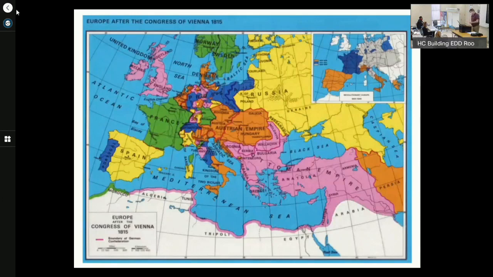So, the Concert of Europe is an agreement that if a revolution, a 1789 style event, breaks out in any country, it will be invaded and the revolution will be put down. They are giving permission to invade any country if revolution breaks out.